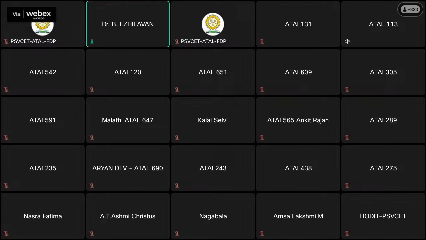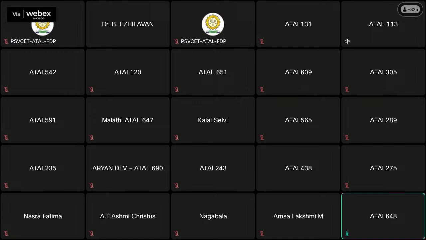Sir, another question I saw in chat: quantum algorithms for cryptography. If we include Shor's algorithm in cryptography, it is capable of factorizing large integers, so we can break the security key itself, sir.